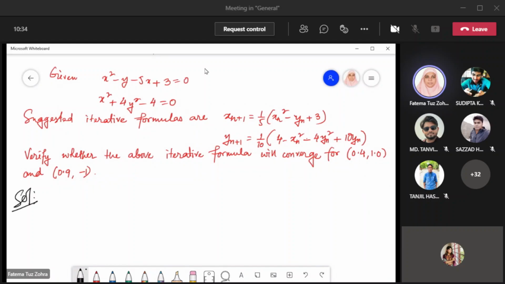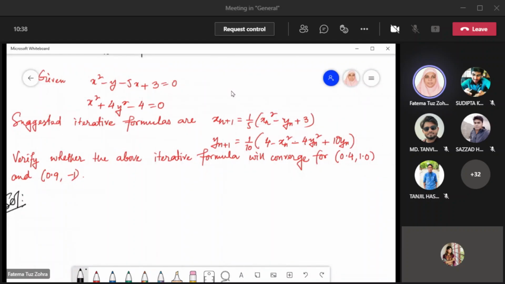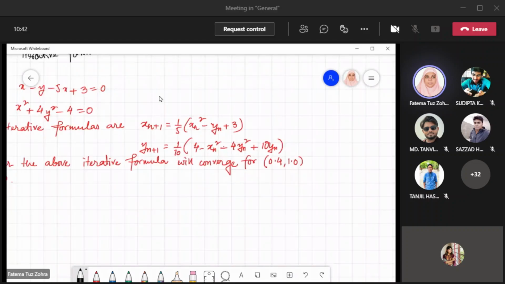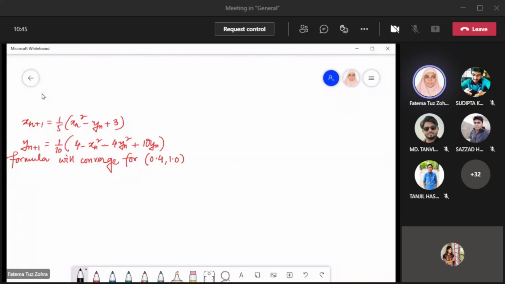So same as the previous iterative formula, we have two types of iterative formula. One is Gauss-Seidel and another one is Jacobi. What is Gauss-Seidel? Is that one Jacobi or Gauss-Seidel? In Gauss-Seidel, what do you use? Most recent values or the previous set of values?